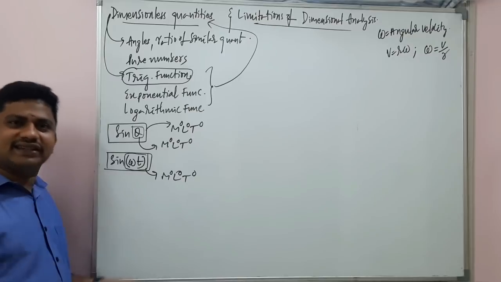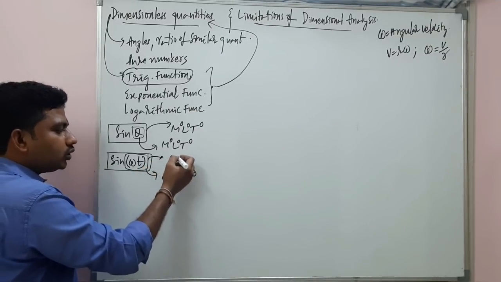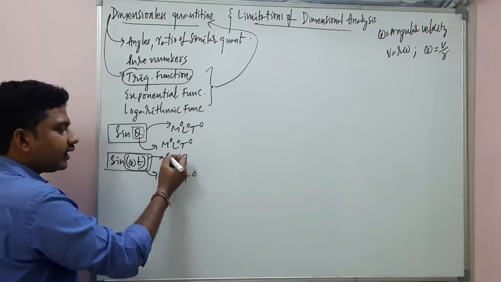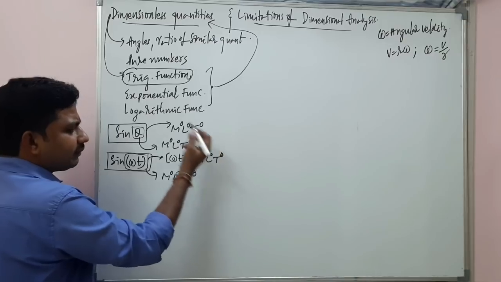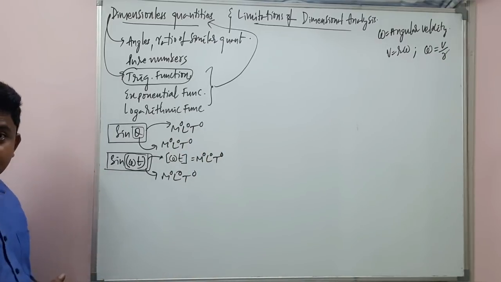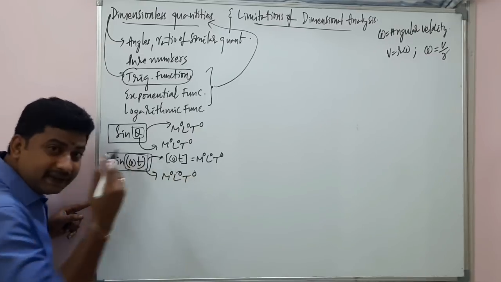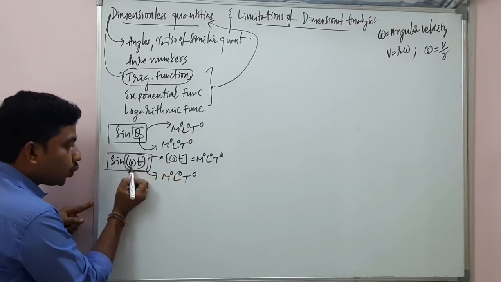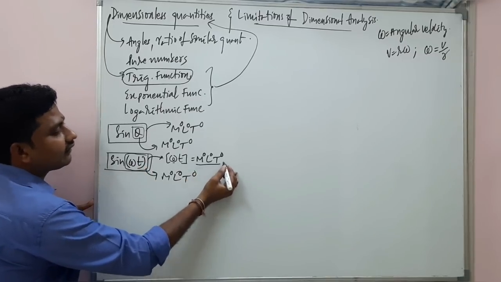So this omega into t also will not have any dimensions. This omega may have some dimensions, the t may have some dimensions, but whatever is written as an angle will not have dimensions.